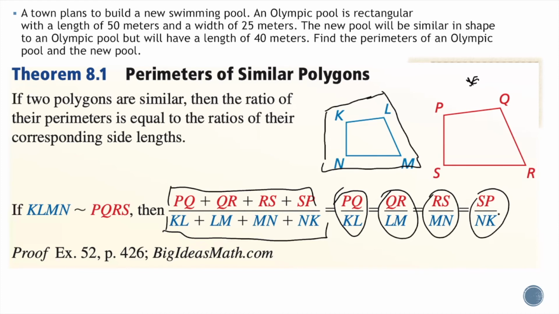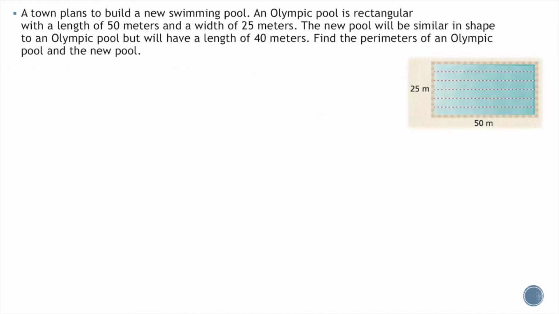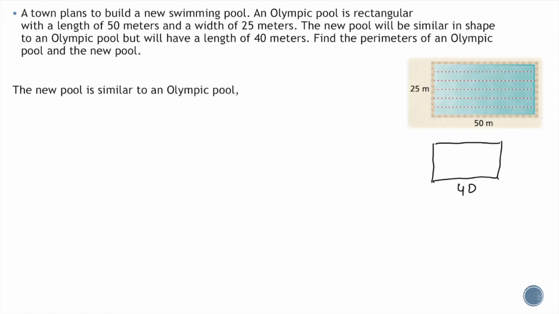So let's put this into practice. For the new pool, all we know is that the length will be 40 meters, and that this new pool is similar to the Olympic pool that you see above.